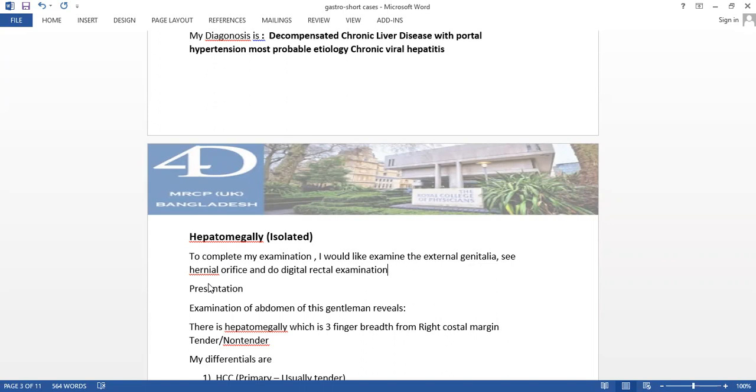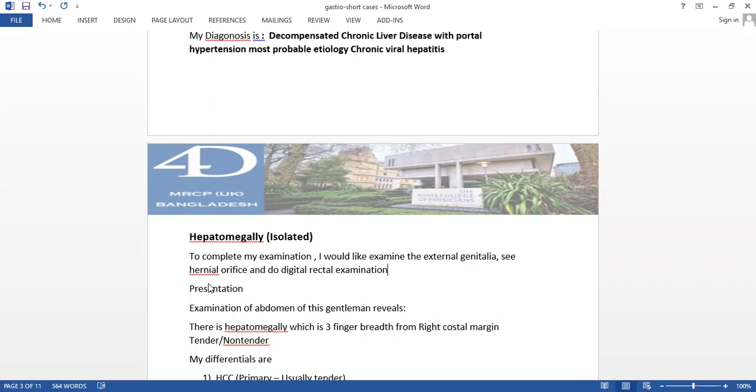Then we can consider some causes of chronic liver disease, like you said, alcoholic chronic liver disease, non-alcoholic fatty liver disease, hemochromatosis. But chronic viral hepatitis does not cause hepatomegaly, unless the patient has chronic liver disease and on top of that some malignancy like hepatocellular carcinoma.